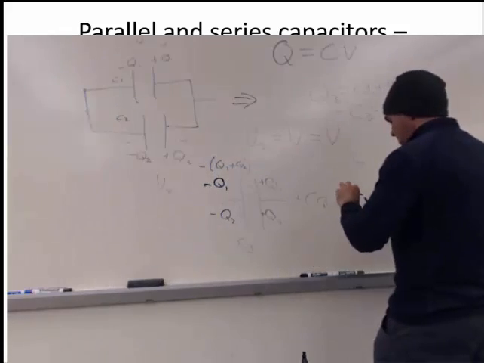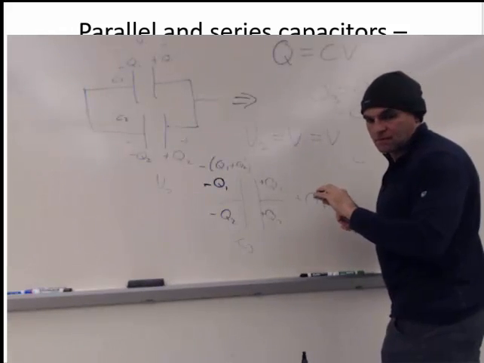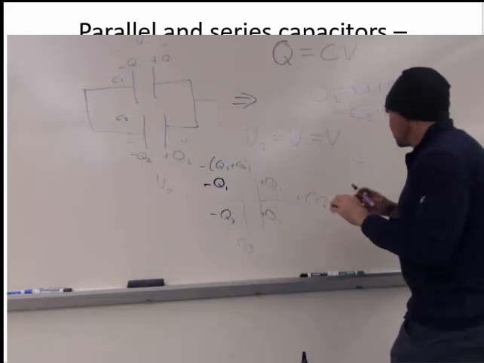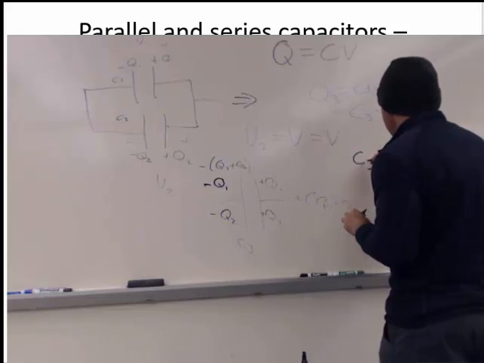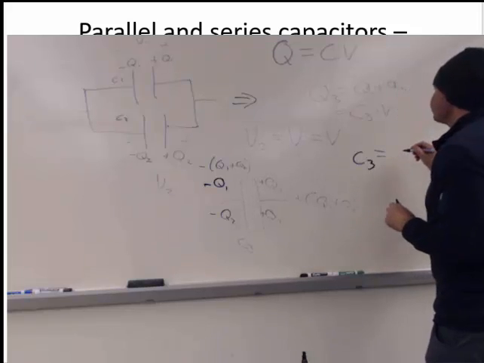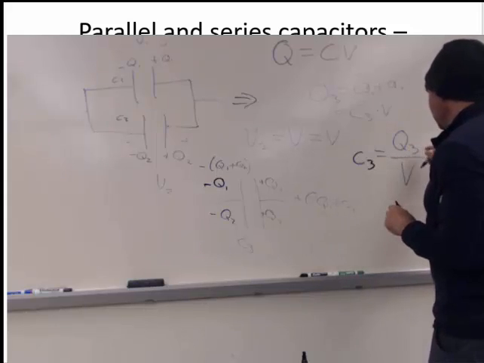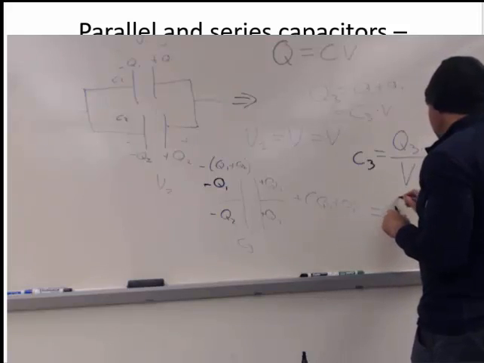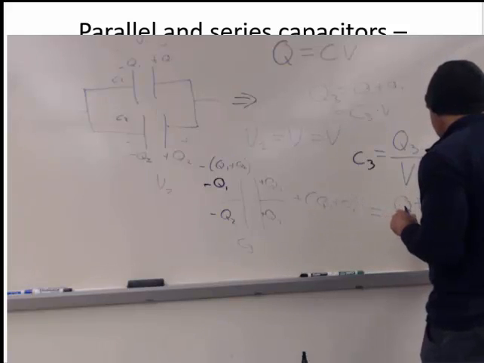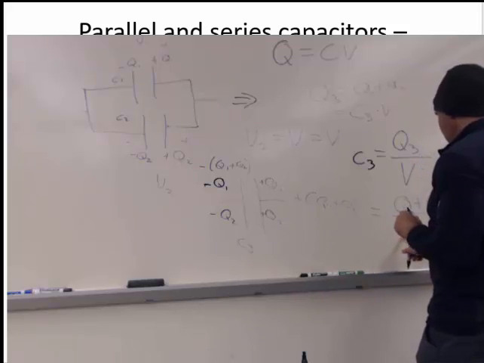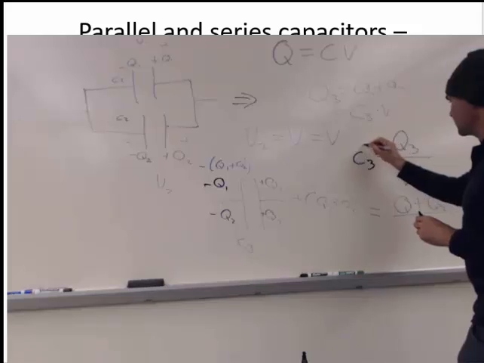I'm going to say, okay, C3 is equal to Q3 divided by V, and Q3 is equal to Q1 plus Q2, the sum of the charges, divided by V. That's what C3 is going to be equal to.